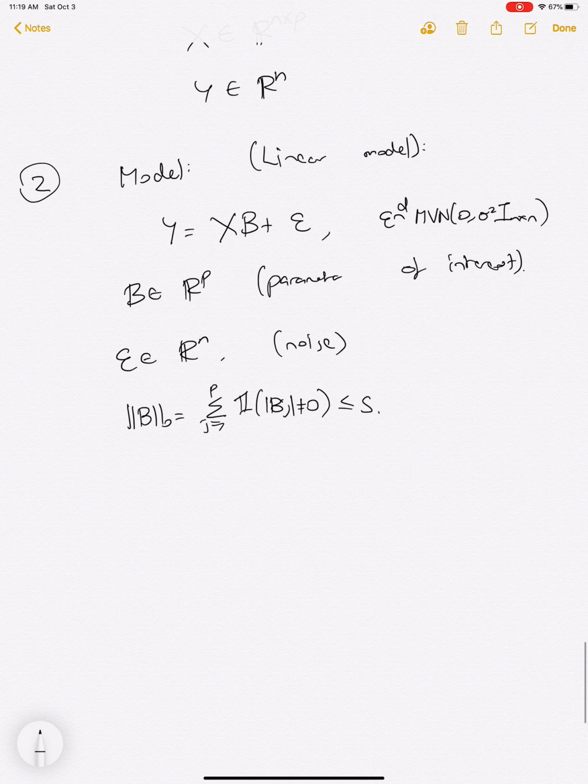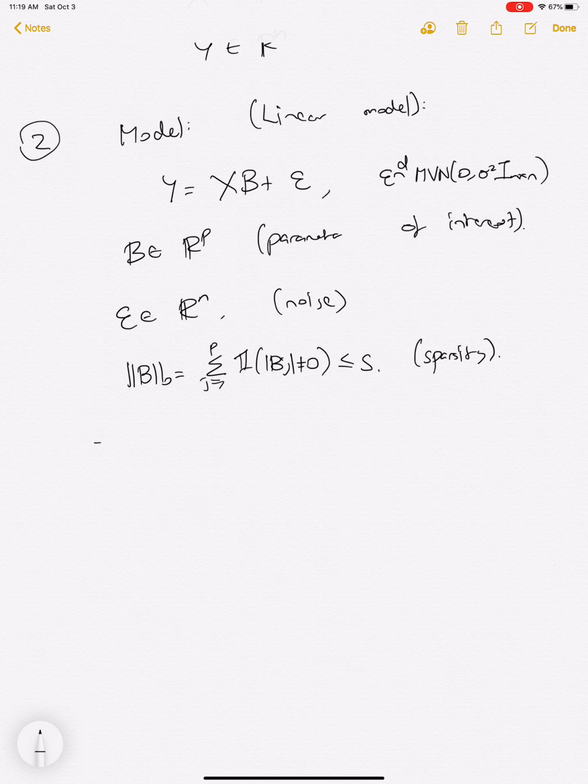This is referred to as the sparsity assumption. Mathematically, it might look a little complicated, but all it's really saying is that only S variables have any influence on y.